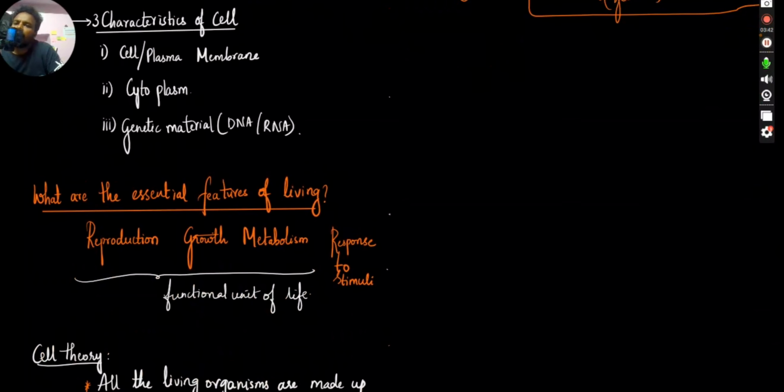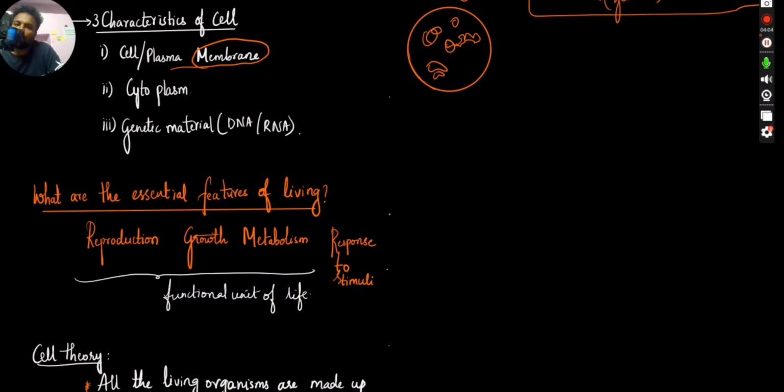A cell should have a membrane. The cell will have different parts, right? If this is a cell, and there is a nucleus, then endoplasmic reticulum, mitochondria, vacuole, Golgi apparatus, whatever is there, they should all be packed in one thing.